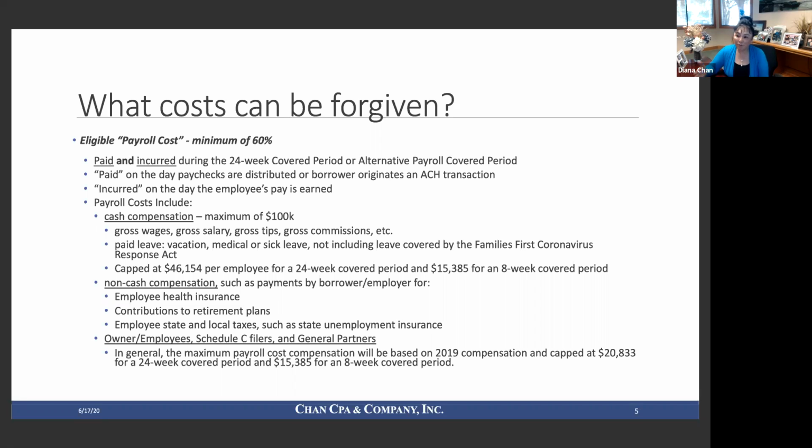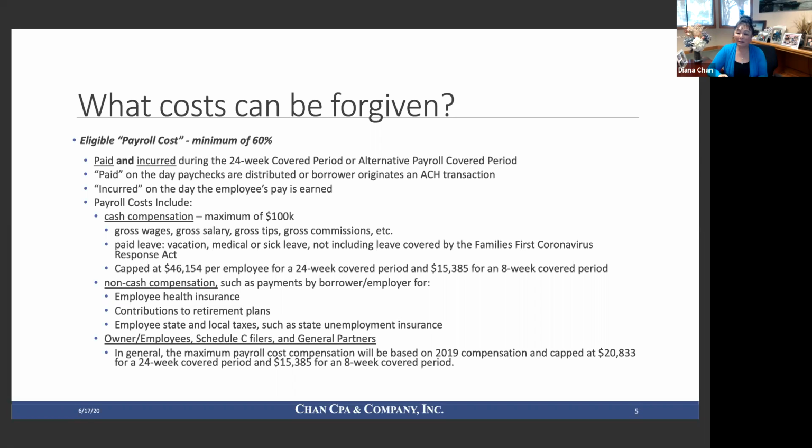An example of what that might look like is if you earned last year $80,000 for 2019 as an owner employee, and you earned or you anticipated earning $100,000 in 2020, it's going to reflect back on the 2019 number, and you will be capped with your $80,000 amount.